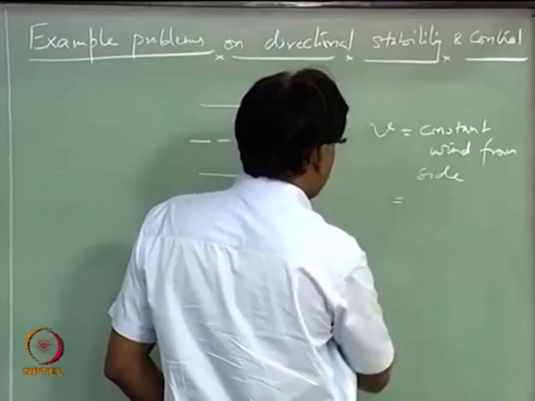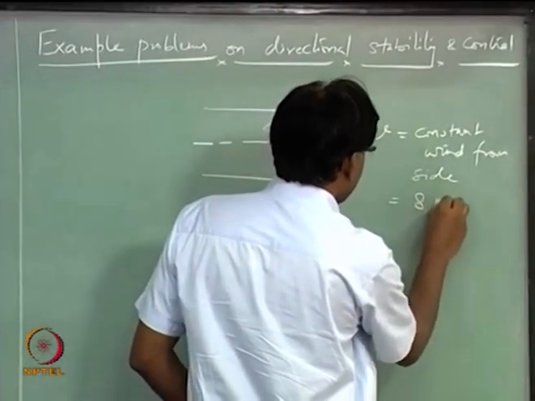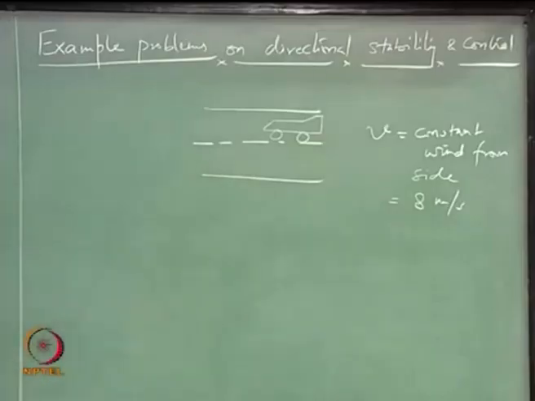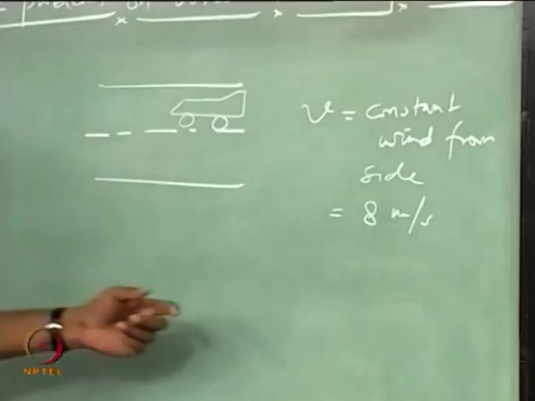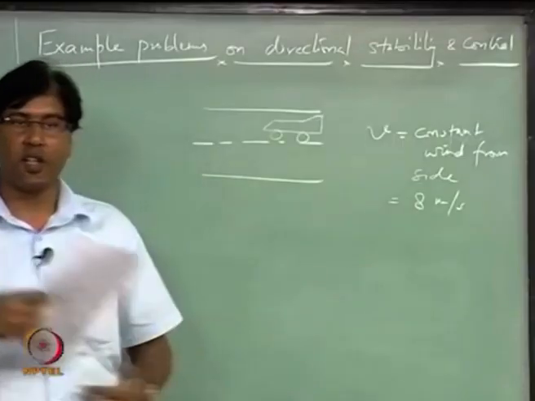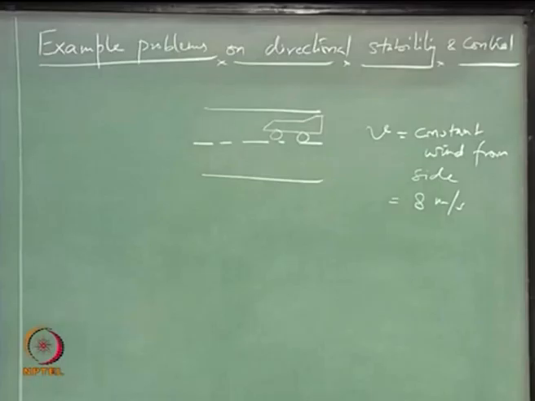The magnitude of that is 8 meter per second. So, the airplane is ready to take off and it is detected that there is a wind of this magnitude coming from the side.